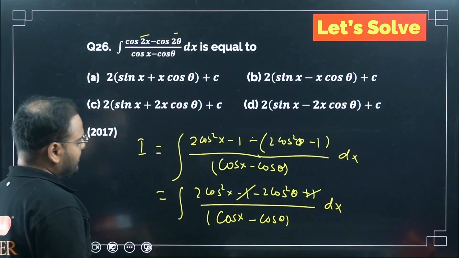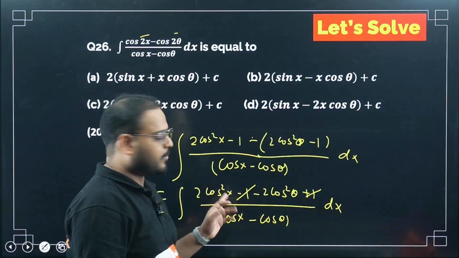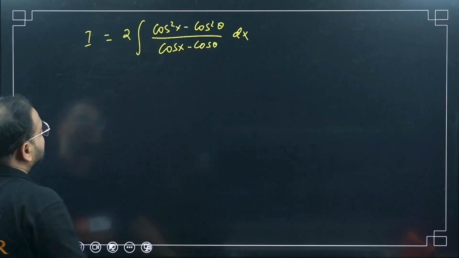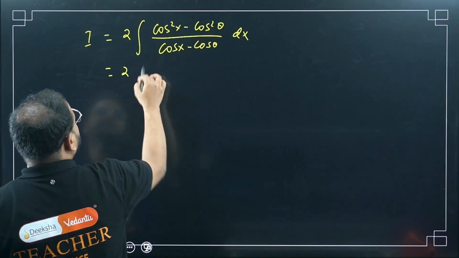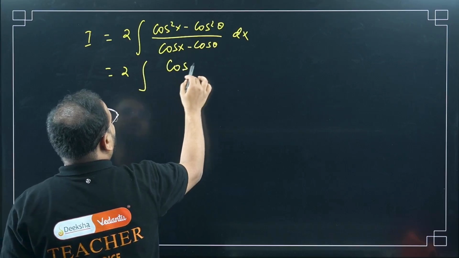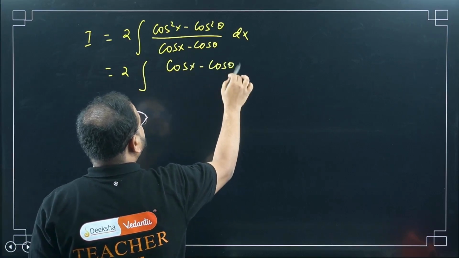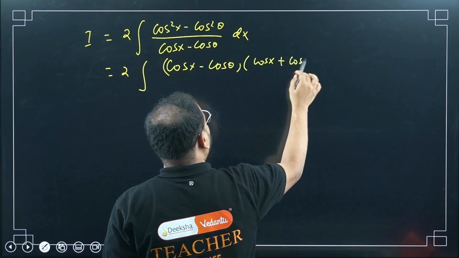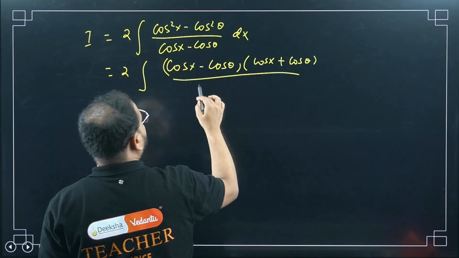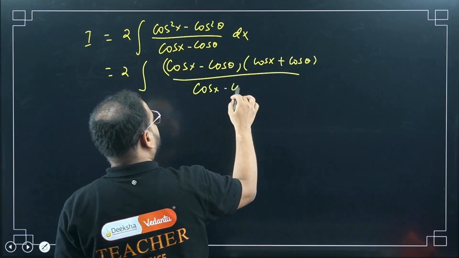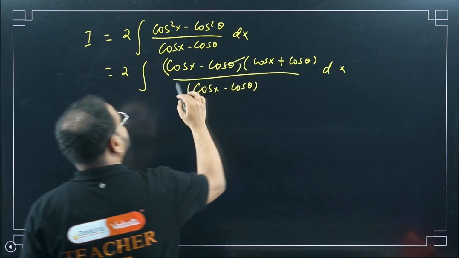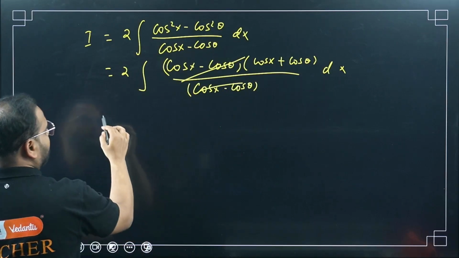Please have a look. I have taken 2 as common. So it will become cos square x minus cos square theta. This will remain as it is. Take the formula of a square minus b square. What are you going to get? Cos x minus cos theta times cos x plus cos theta, upon the denominator, with this and this gone. What do I get?